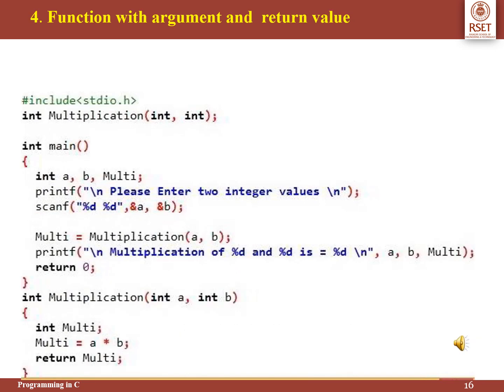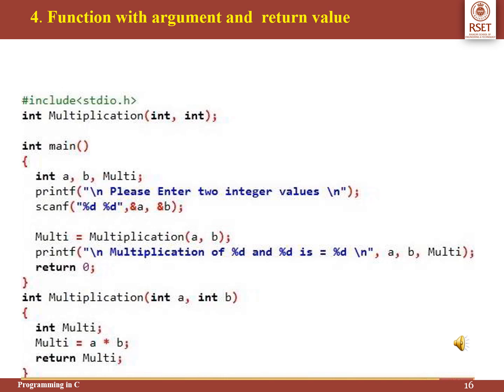The last category is function with arguments and one return value. Here, the calling function and the called function will receive data from each other. It's like a dual communication. In the given example, when the function is being called, the actual parameters a, b are passed to the function definition.